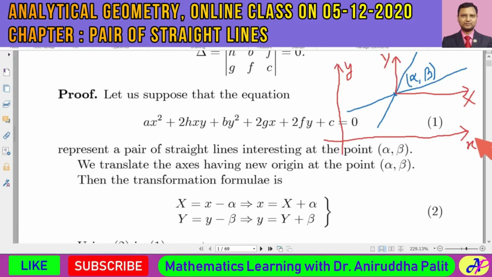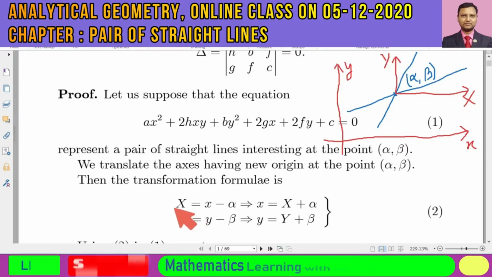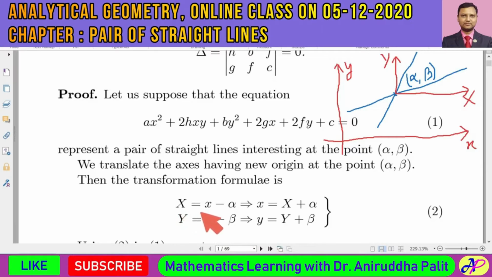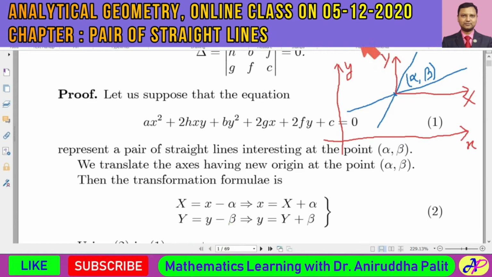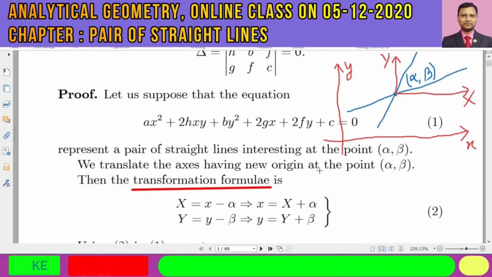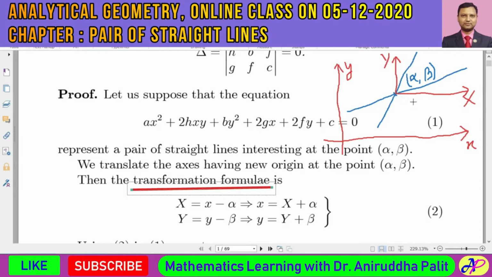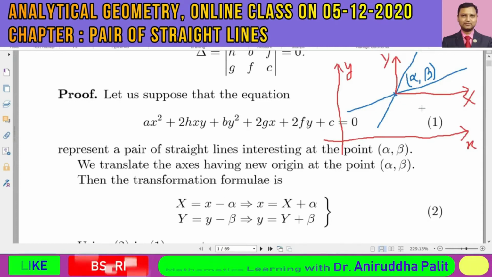Now we make a transformation like this: capital X is equal to x minus alpha, capital Y is equal to y minus beta. In the traditional sense we call it the translation formula. So we make a translation and shift the origin to this point of intersection alpha comma beta.